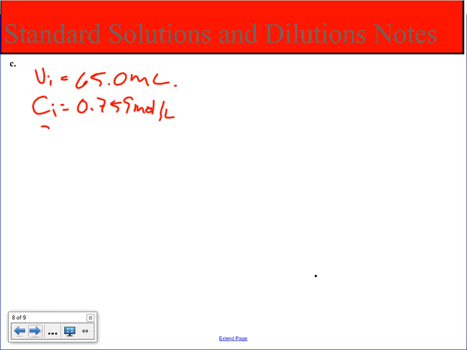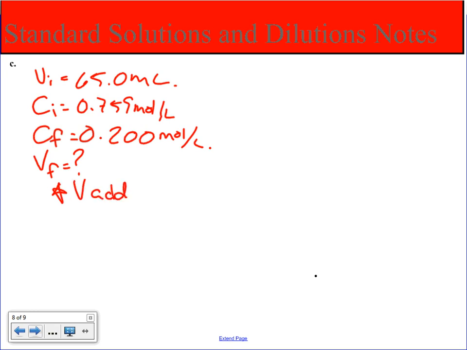Now, this time I know my final concentration because that's what I'm trying to get to, and it's the volume final that I'm trying to calculate. So I then have to look at what's the volume added, because that's what the question really asks you for.